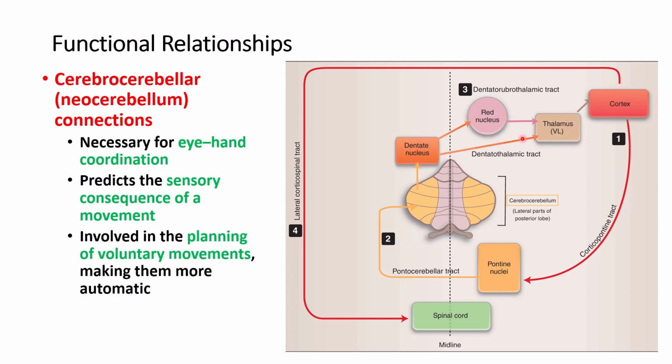So there are two different tracks there: dentatorubrothalamic, because it's passing through the red nucleus, or dentatothalamic, which is not passing through the red nucleus. That goes to the cortex, and then again it crosses the midline and through the lateral corticospinal tract goes to the limbs. So that is important for hand-eye coordination.